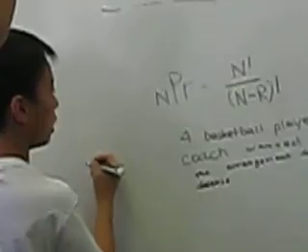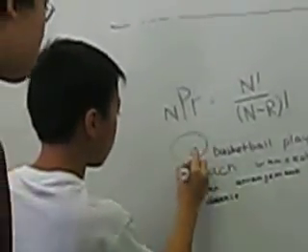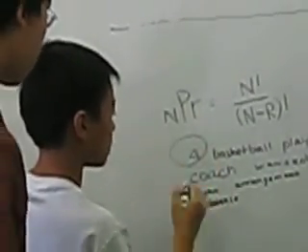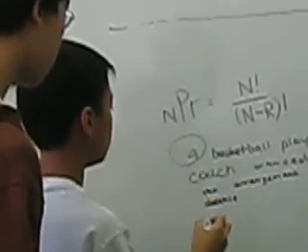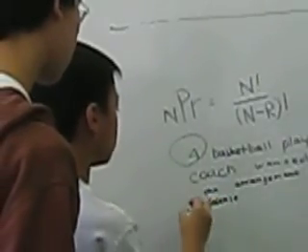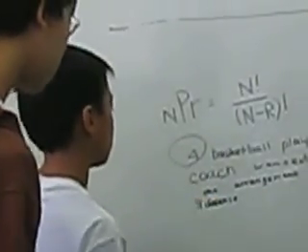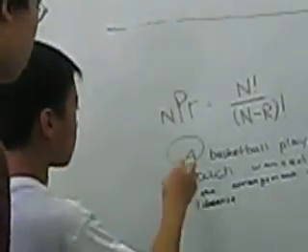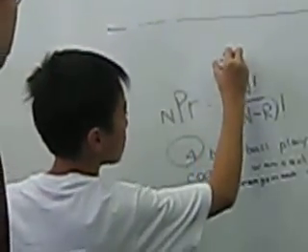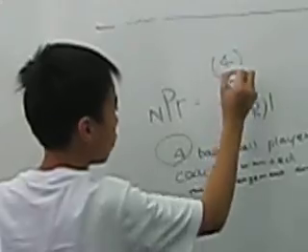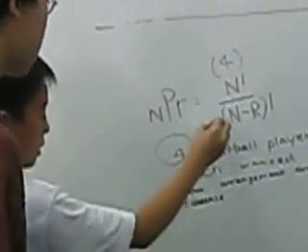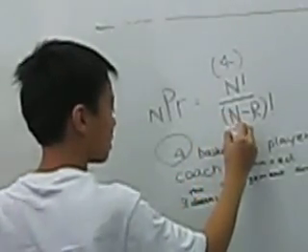So 4 is for n, because that's the number of players. So you fill this in with 4, and you fill this again with 4 because it's an n.